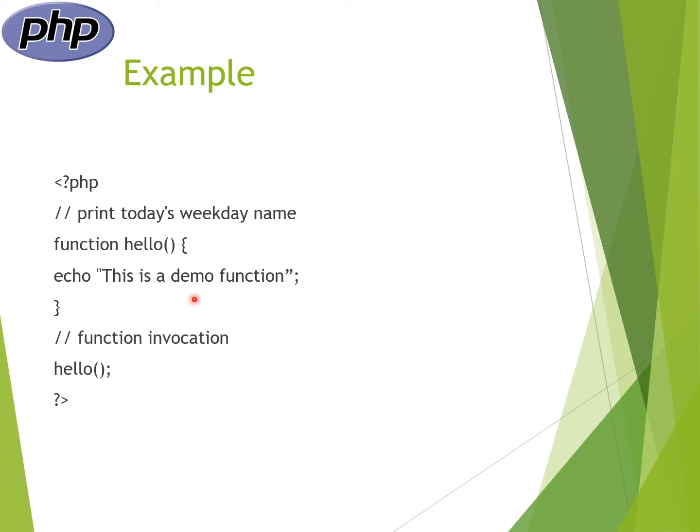The function hello contains a single display statement. To invoke this hello function, we just call hello(). The function will be invoked, and "This is a demo function" will be displayed. This is a simple example of a function in PHP.